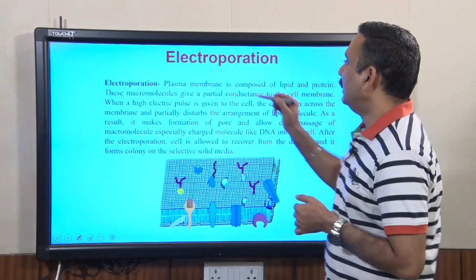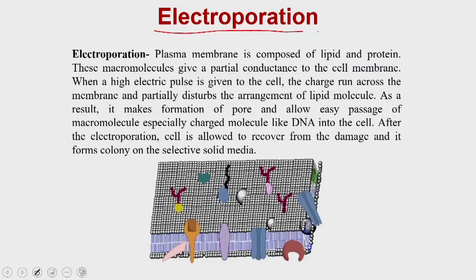So, apart from the transformation by the chemical method, you can also use electroporation. Electroporation is a simple method. You know that the plasma membrane is composed of lipids and proteins, and these macromolecules give charge to the plasma membrane, or the cell membrane.